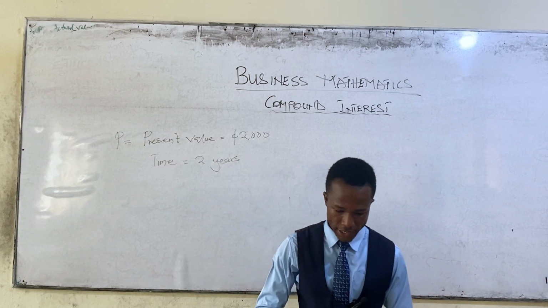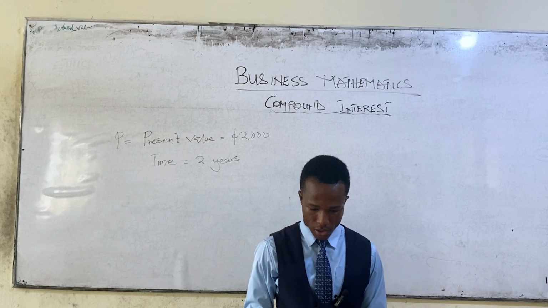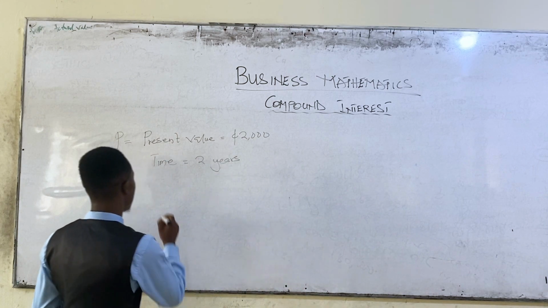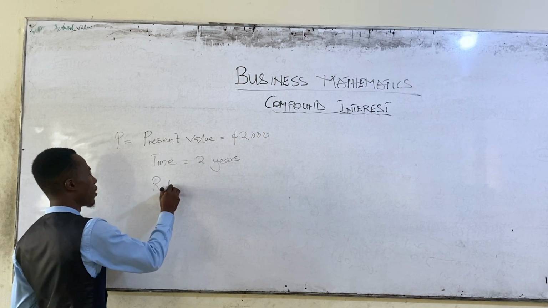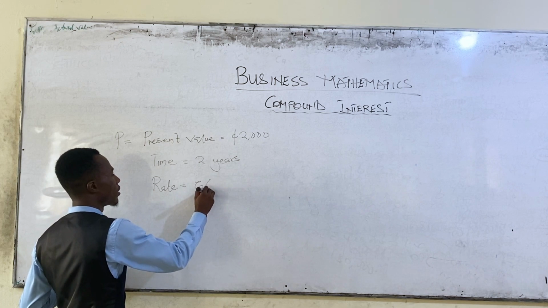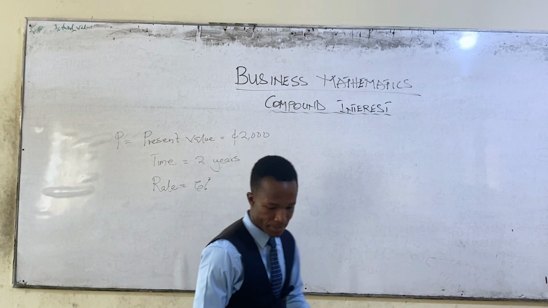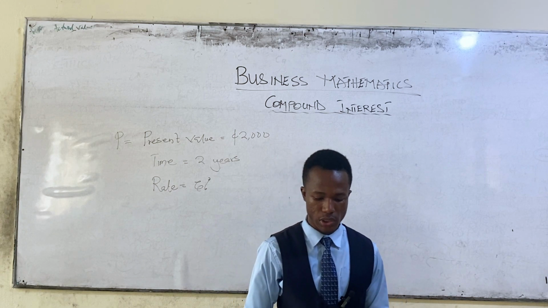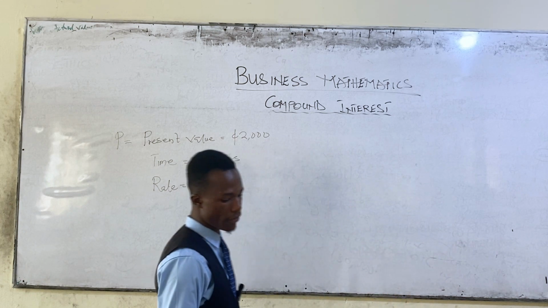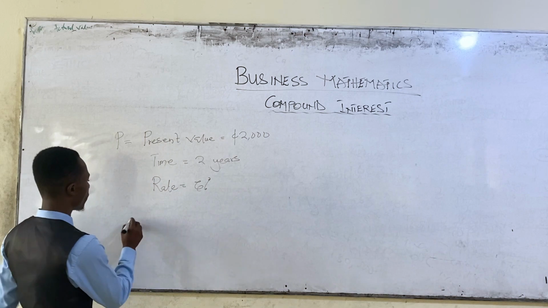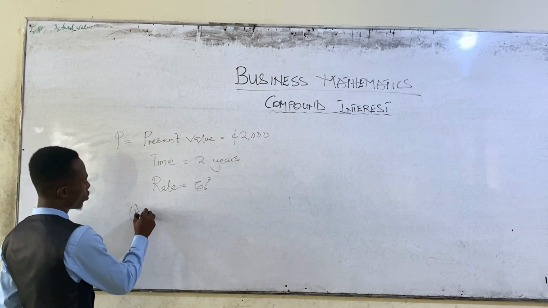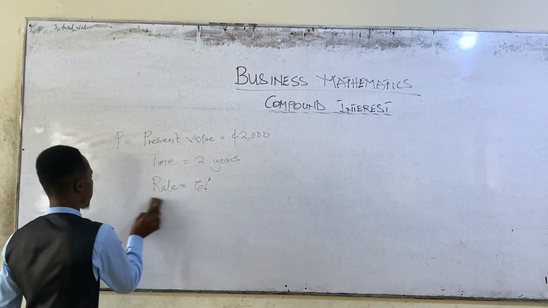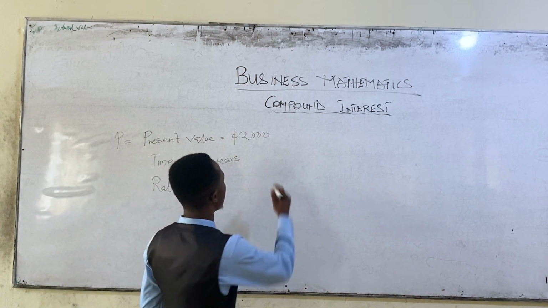Then it pays 6% interest compounded annually, so we have the rate as 6%. We have to calculate the total compound interest and future value of the investment. We have the questions on our screens already. So how do we solve this?